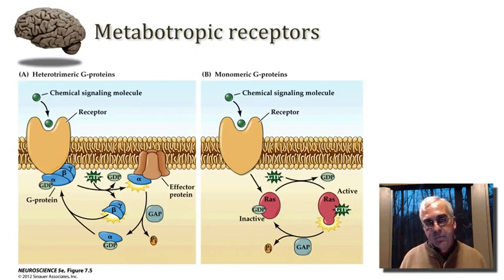So the receptor itself is typically a monomeric integral membrane protein, but the intracellular second messenger systems related to G proteins can be quite diverse.